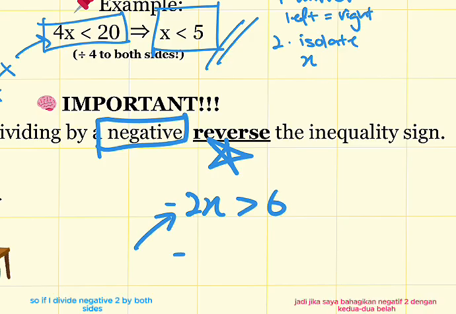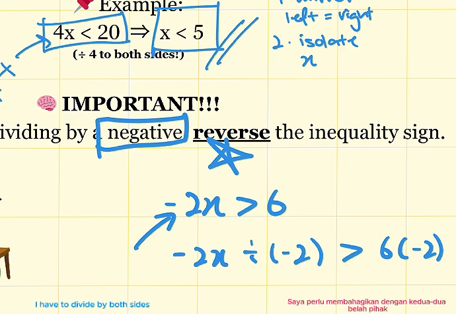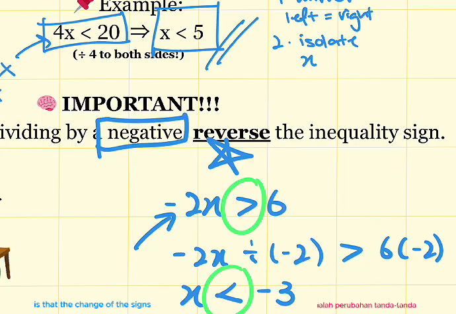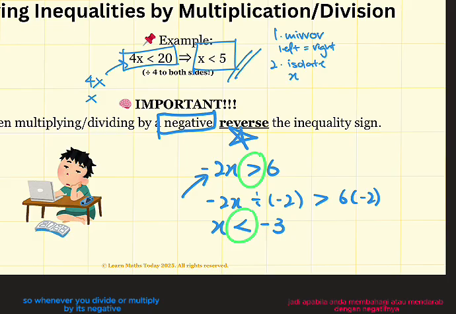So if I divide both sides by negative 2, because of the mirror rule, I will get x smaller than negative 3. So the important thing to take note of here is the change of the signs. Whenever you divide or multiply by a negative, you have to flip the sign.